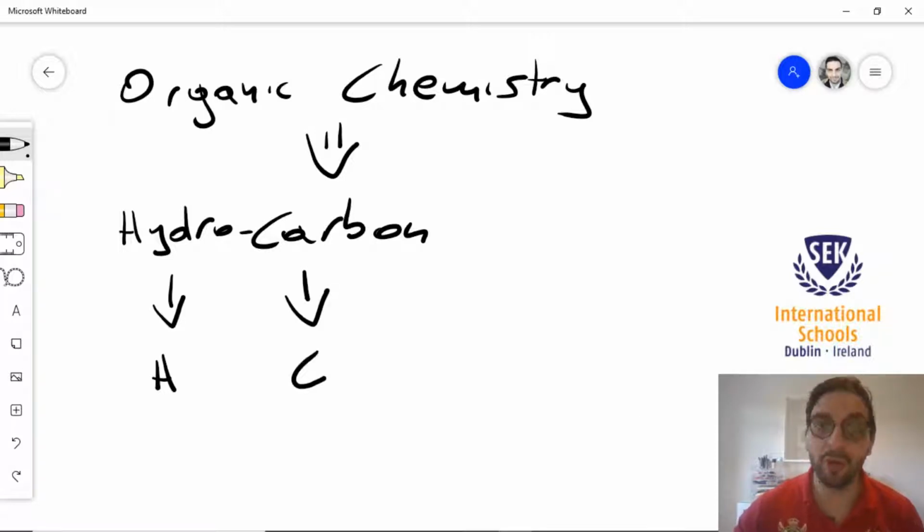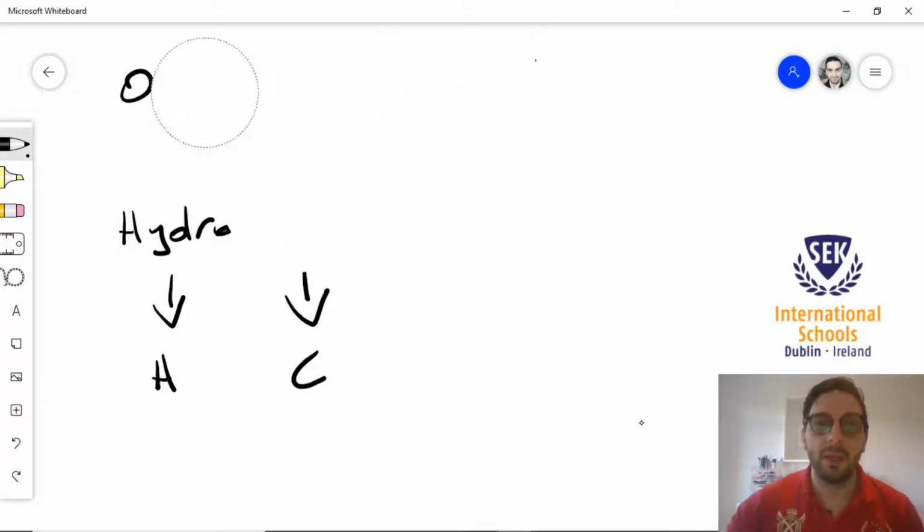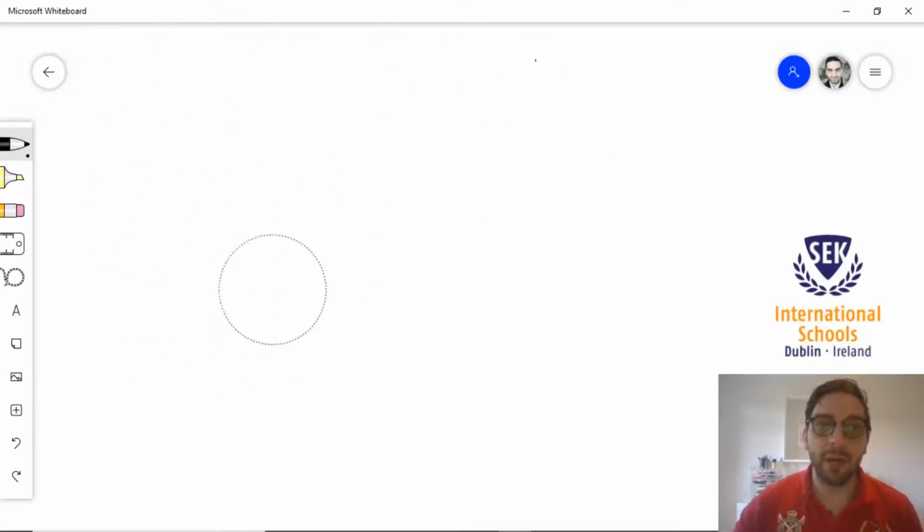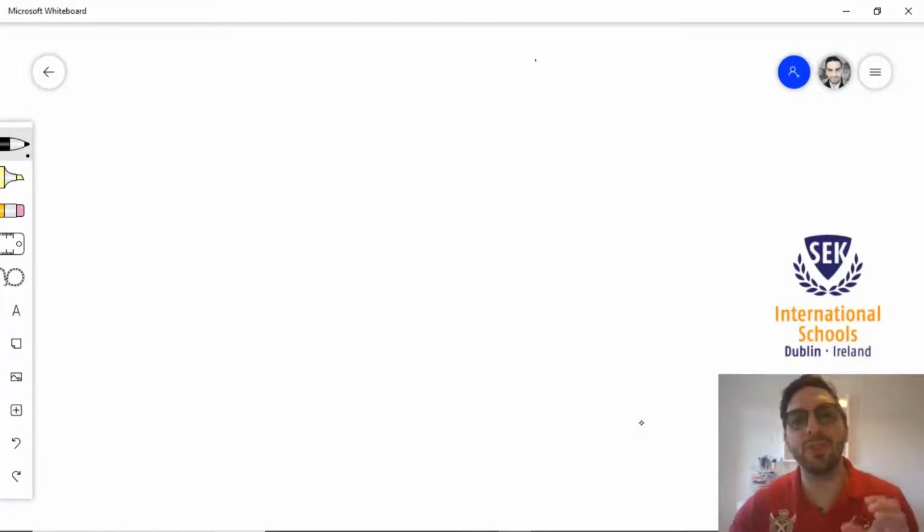How are we going to put them together? Let's go with this. Organic chemistry, hydrocarbons. The first thing we need to say is that for every carbon, we can single bond, in this case single bond because we're going to work with alkanes, hydrogen.